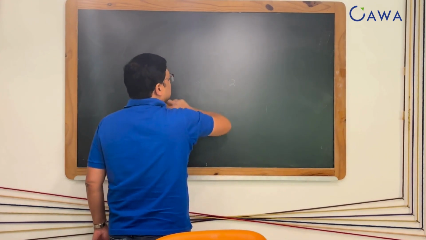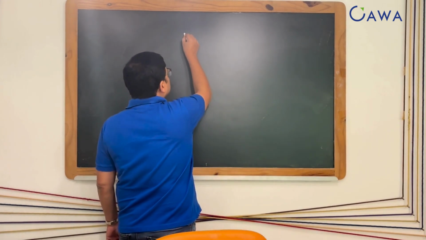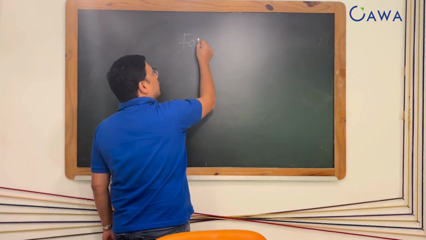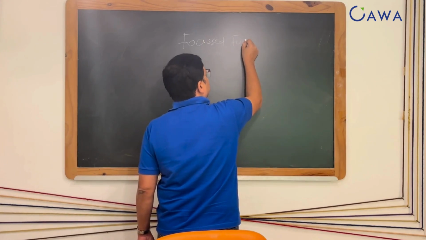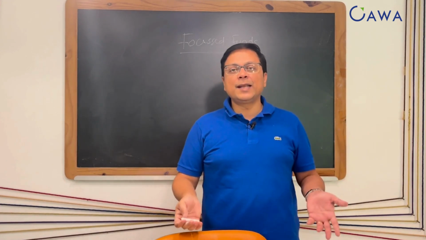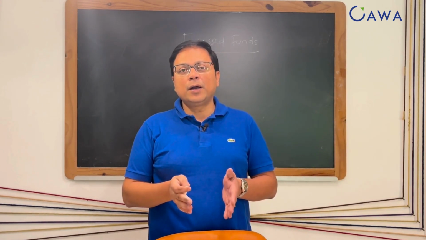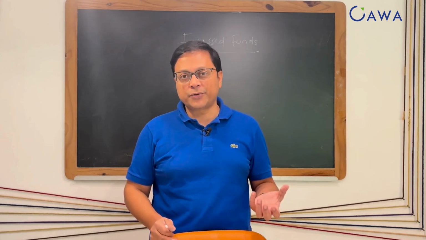Now, let us extend this conversation a little more and start looking at another very popular type of mutual funds called focused funds. Now, what is a focused fund? A focused fund, as the name suggests, is a fund where the securities bought are in focus right now.